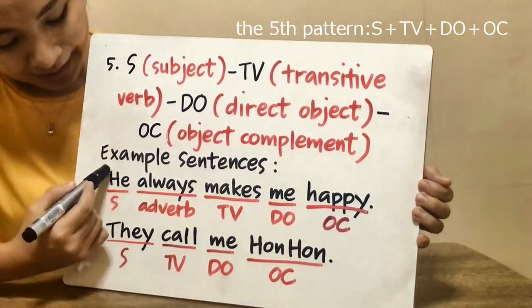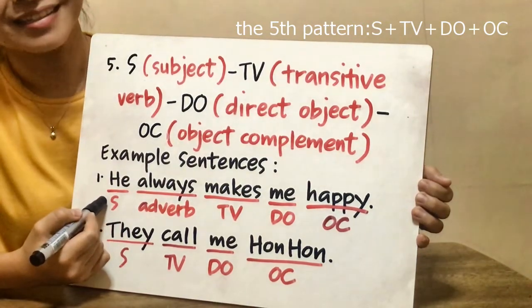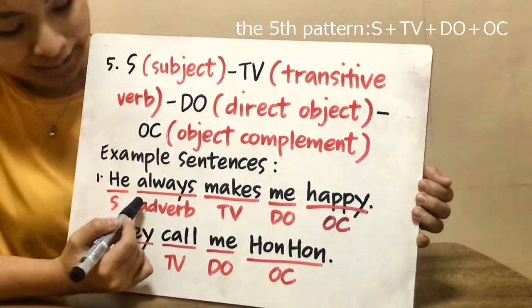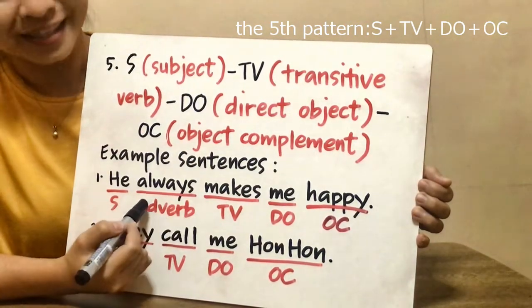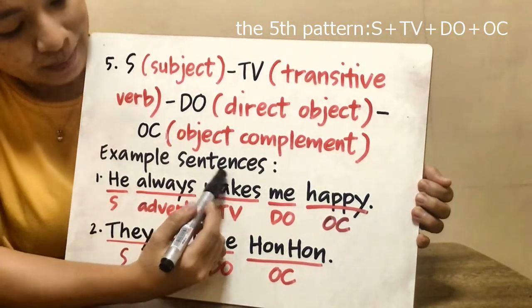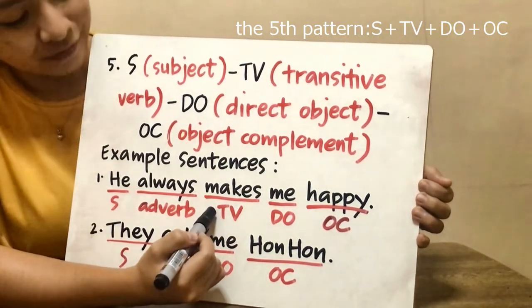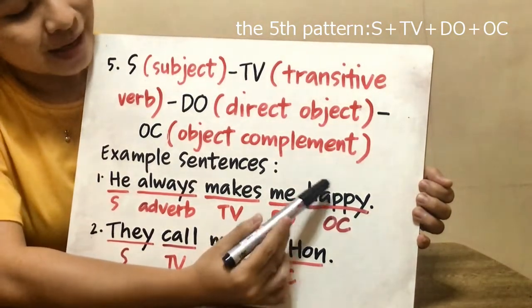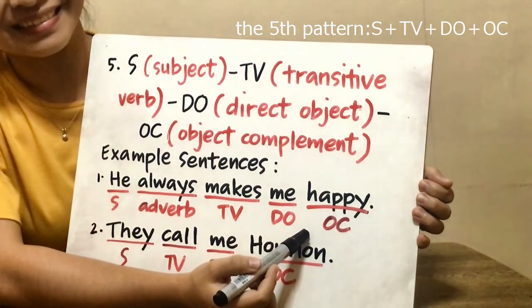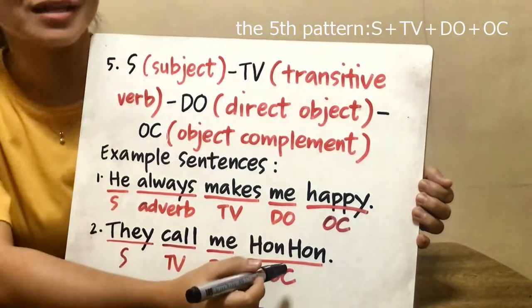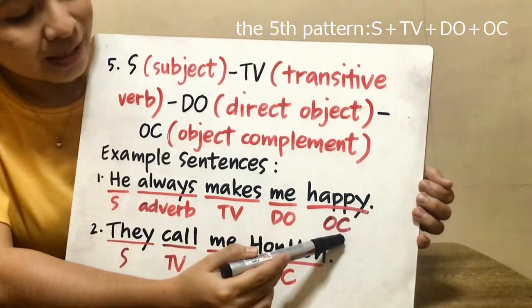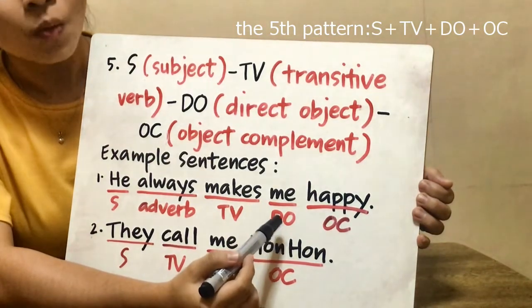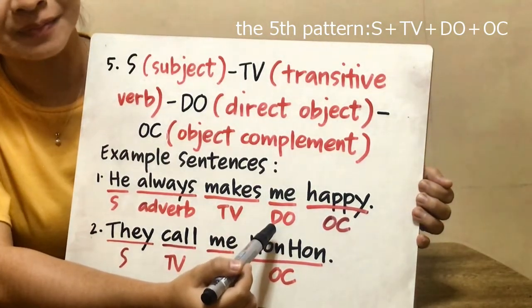Here, he is your subject. Always is your adverb. So I just added this word. Next, makes is your transitive verb. Me is your DO. And happy is your OC. Okay, I told you a while ago that OC renames DO or states what DO has become.